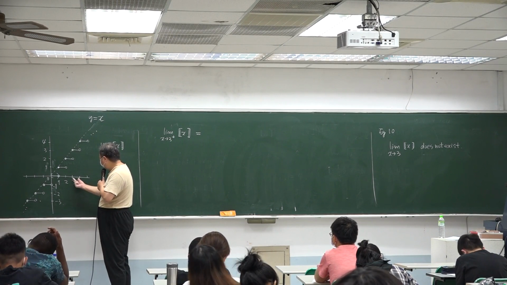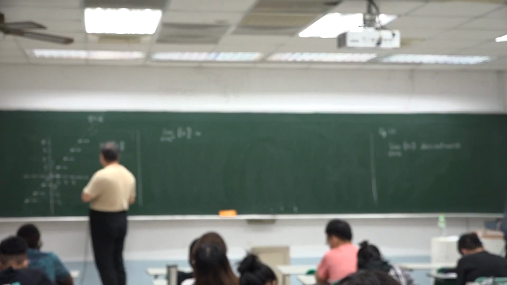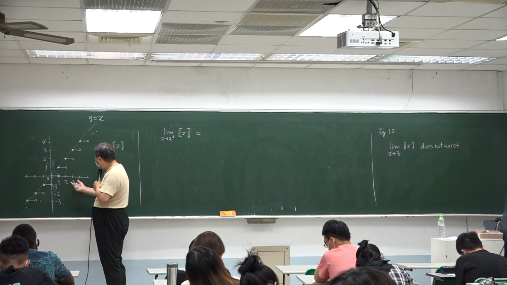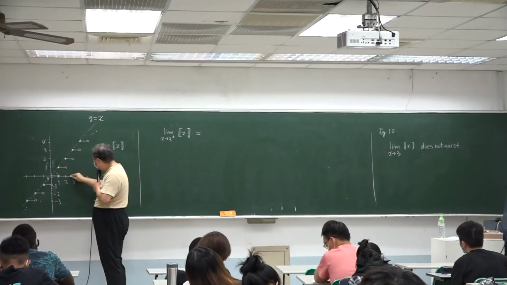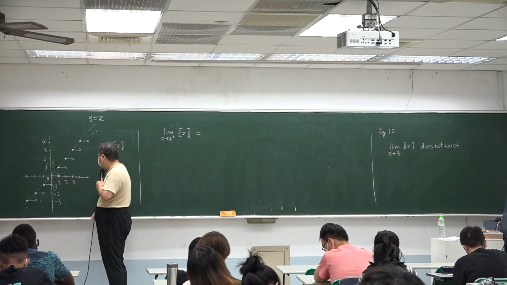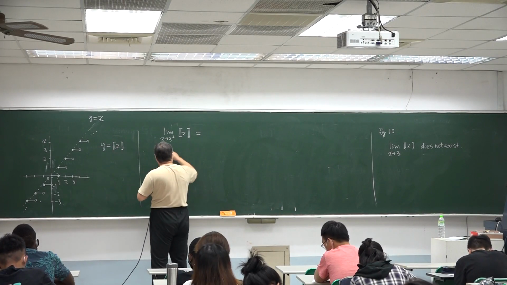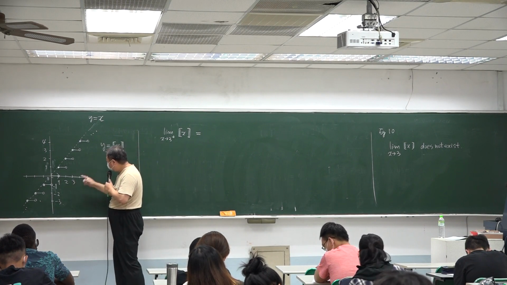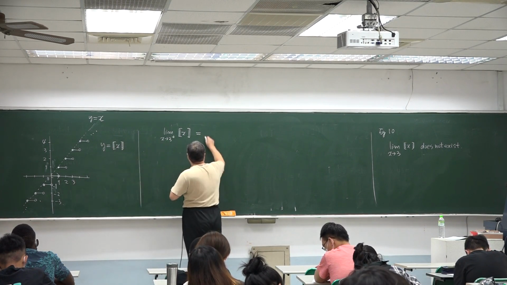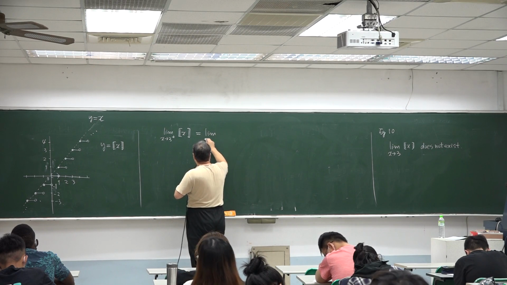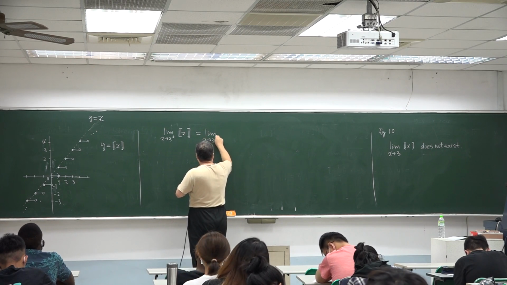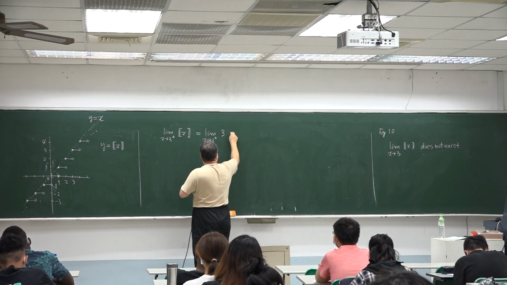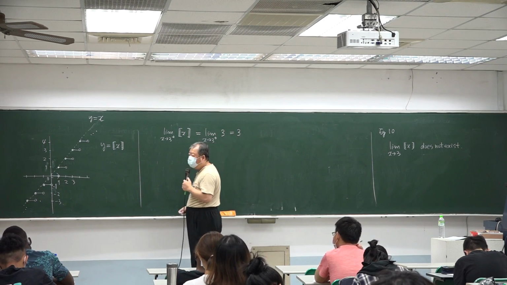If the length of this neighborhood is less than 1, and x is greater than 3 and not more than 4, then this is part of a constant, the 3. So this is 3.